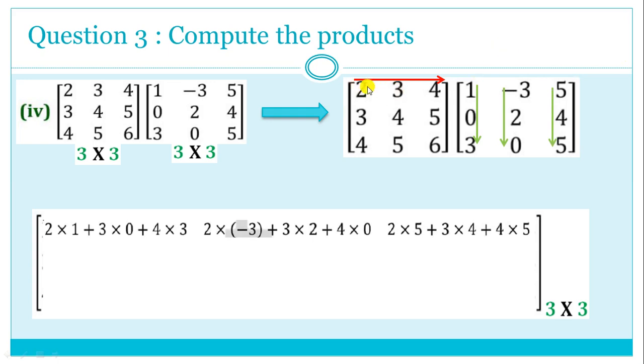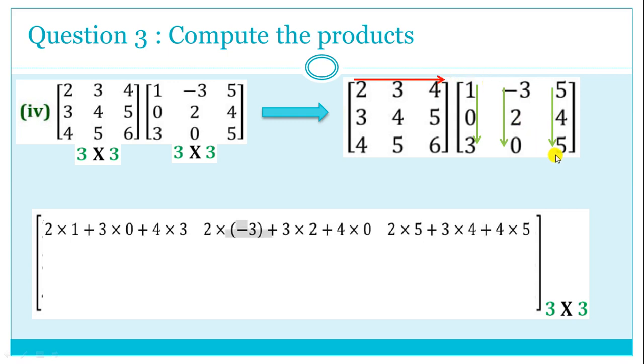When we are multiplying the first row with the second column to get this element, it is 2 multiplied by minus 3 plus 3 multiplied by 2 plus 4 multiplied by 0, and for the first row and third column, 2 is multiplied with 5 plus 3 is multiplied with 4 plus 4 is multiplied with 5.